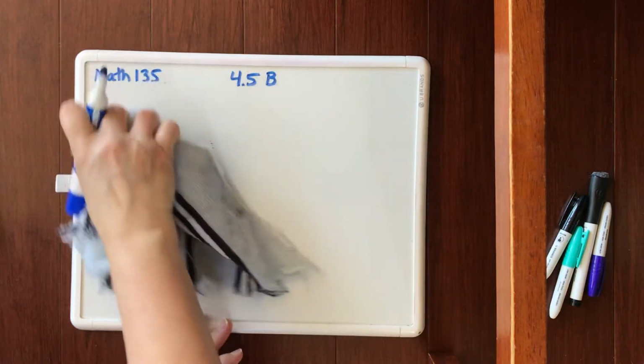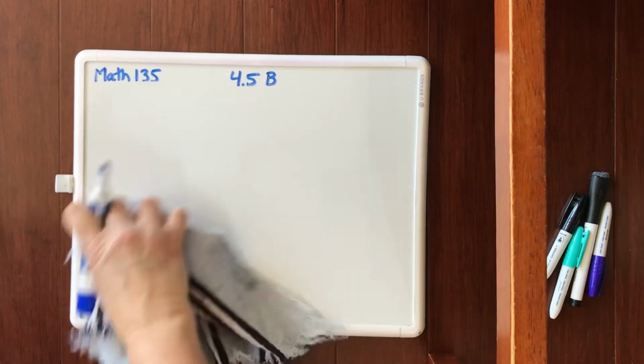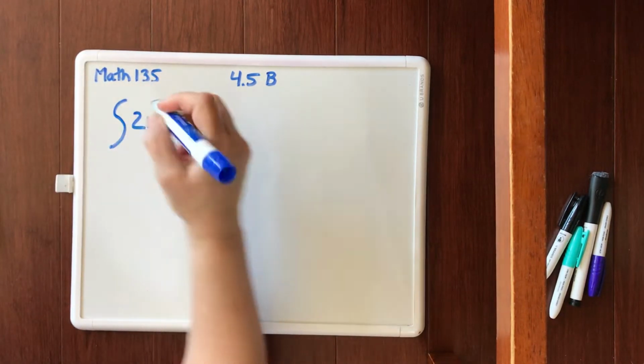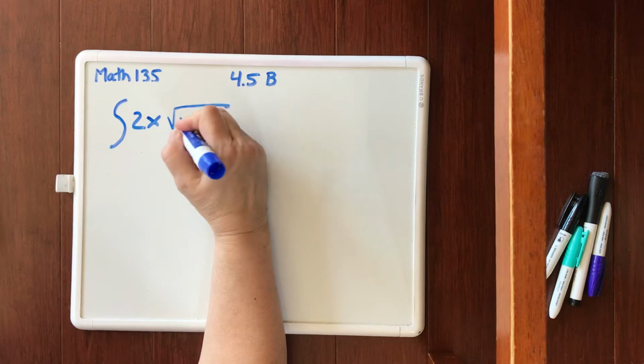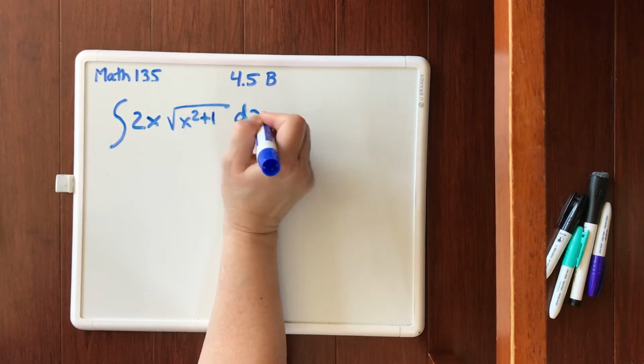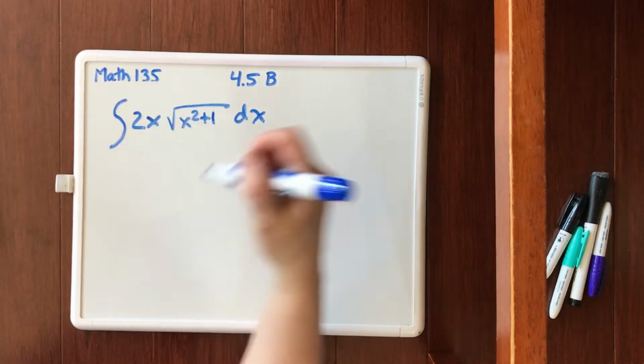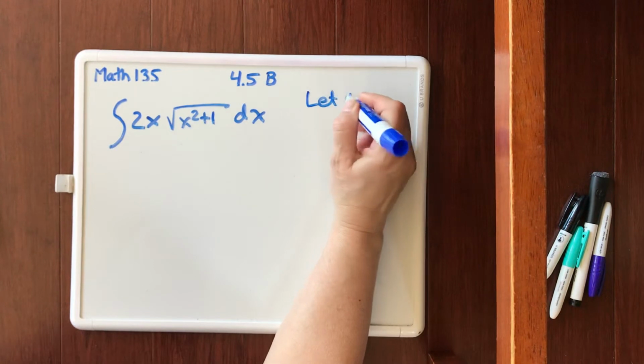Okay, so let's do an actual problem. We're going to integrate 2x square root of x squared plus 1 dx. We haven't integrated anything like this before. So let's let u equal x squared plus 1.